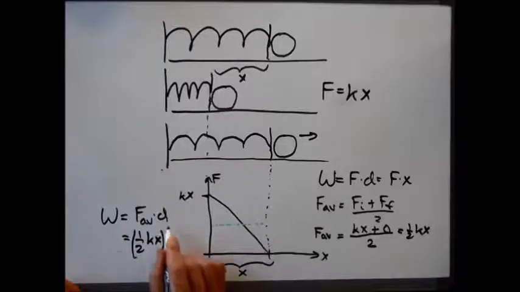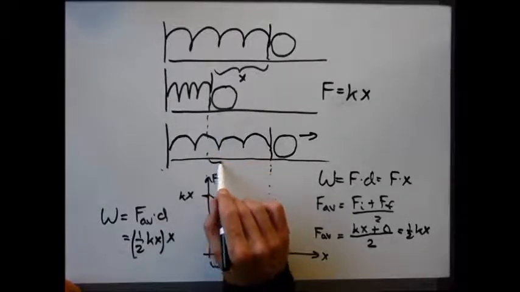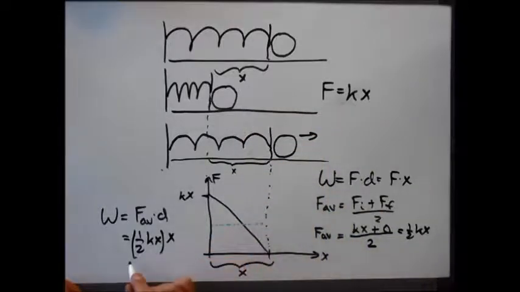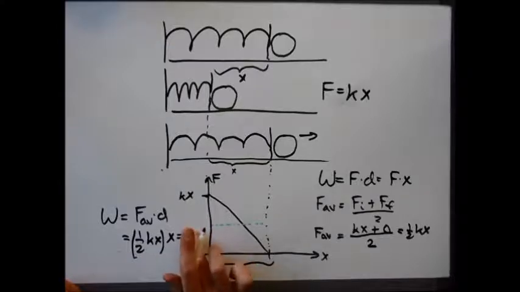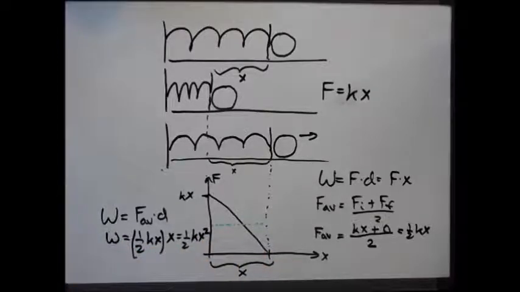That's my average force. And the distance that I moved is also x. The ball was in contact with the spring over this whole distance, which, as we set up here, is x. And so we get 1/2 k x squared is the work done.